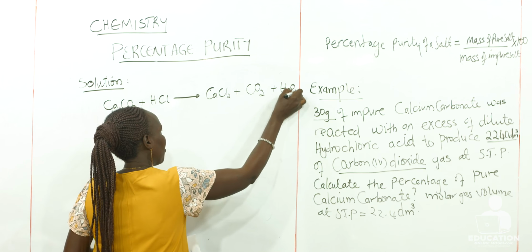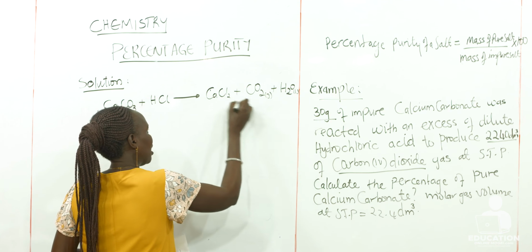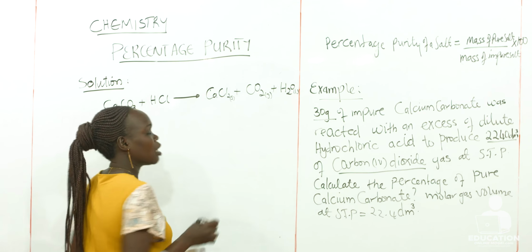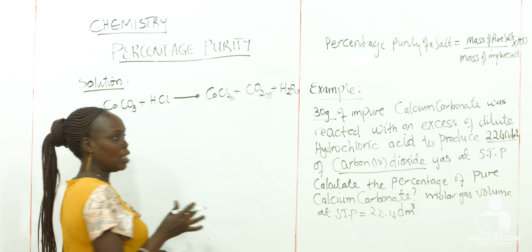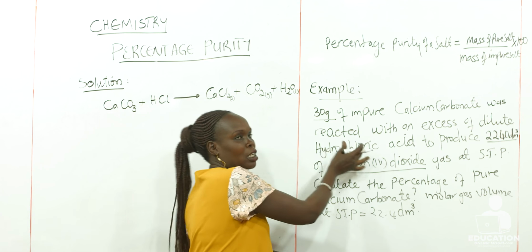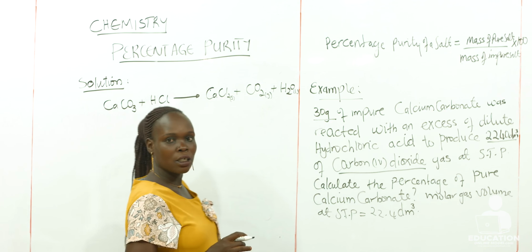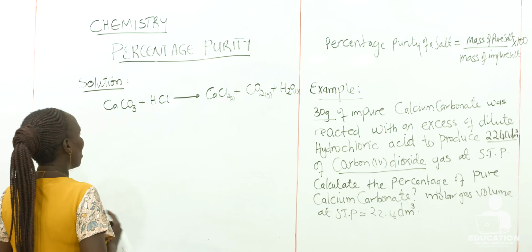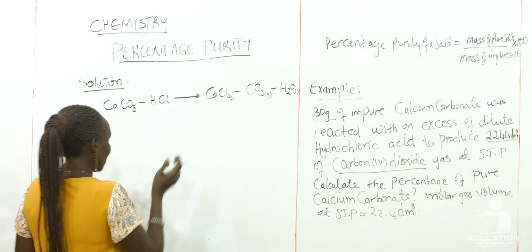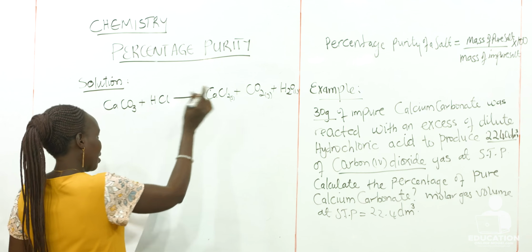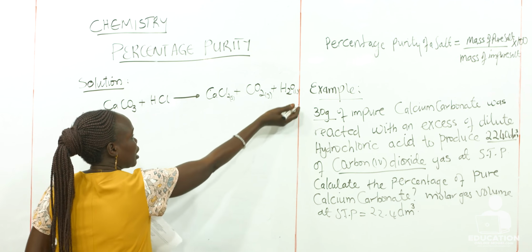So here we have liquid, we have gas, and we have this as solid. This is the chemical equation representing the reaction that has taken place in this experiment. So calcium carbonate plus hydrochloric acid will give us calcium chloride plus carbon dioxide and water.